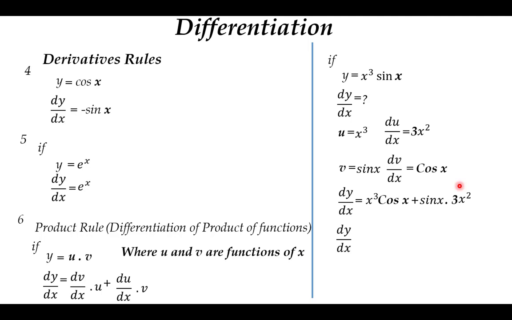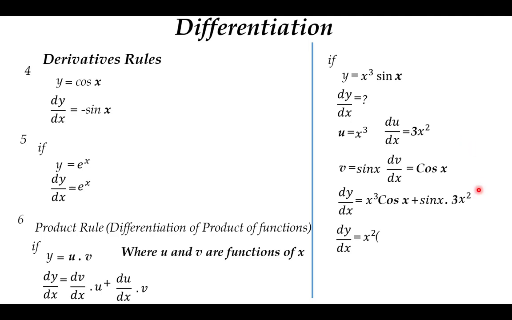So we can simplify this. I can see from my equation above that x squared is common here. So if I factor out x squared, I would have dy/dx equal to x squared into brackets.